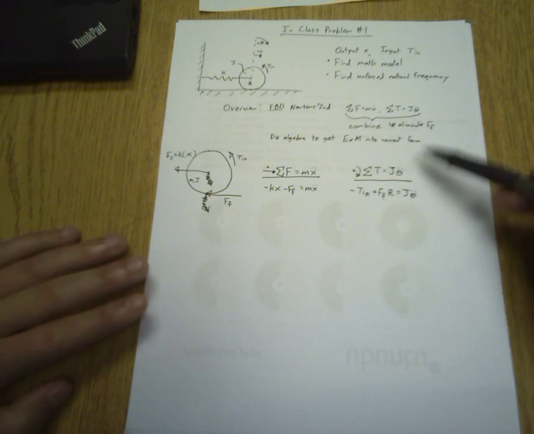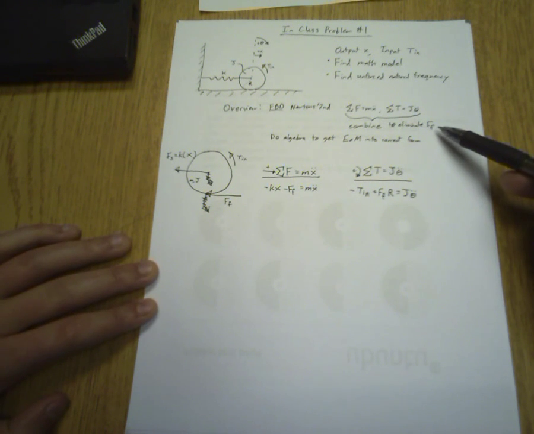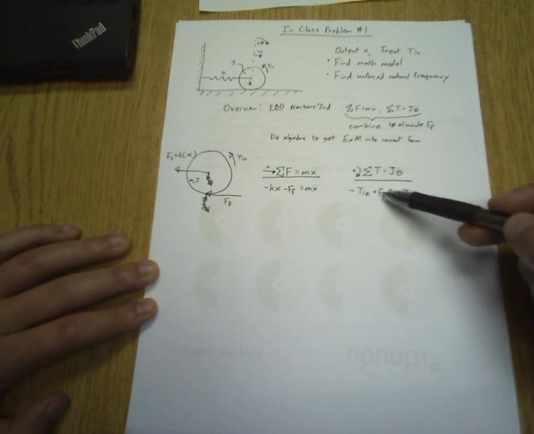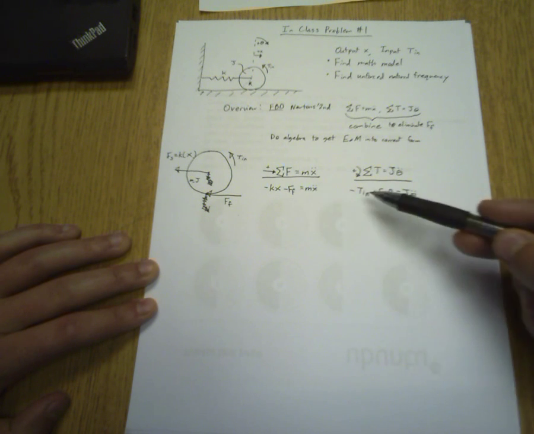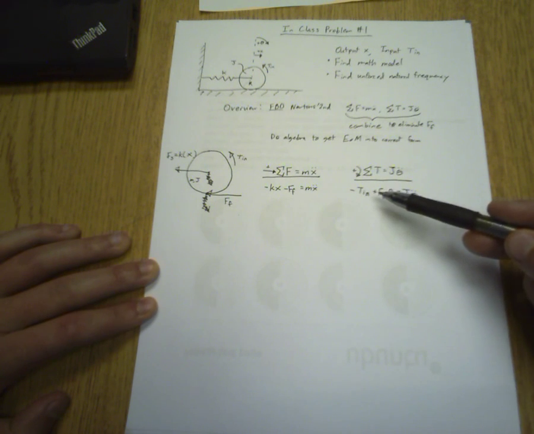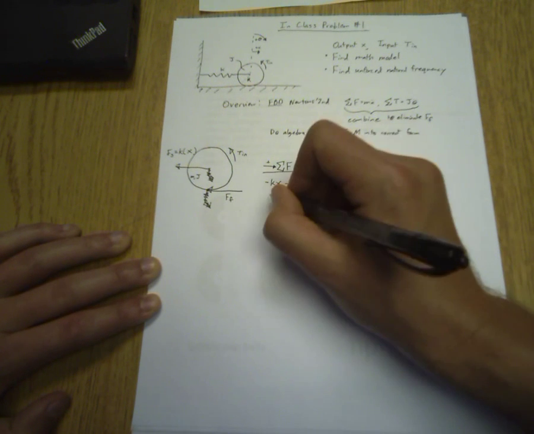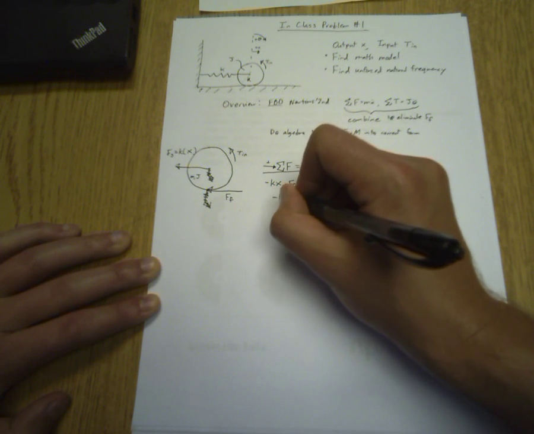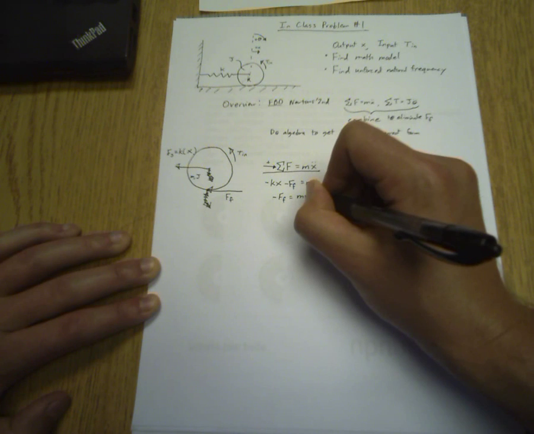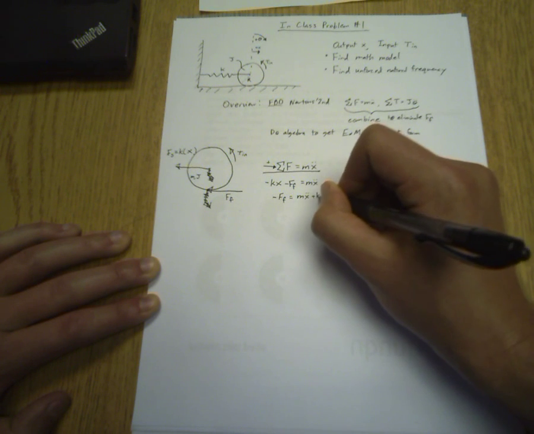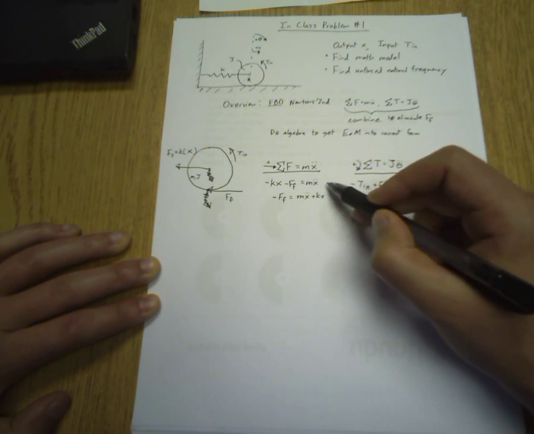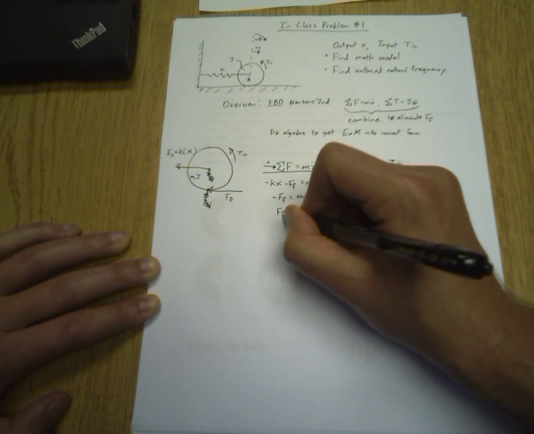Now I need to combine these two equations to eliminate the force of friction. You can choose which one you solve for the force of friction and plug into the other one. It doesn't particularly matter. I'll arbitrarily choose to solve over here for the force of friction. So the negative force of friction equals m x double dot plus kx. Then move that kx to the side, and then I will negate the whole equation.